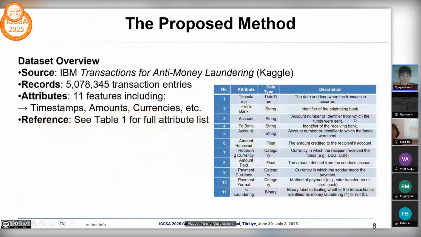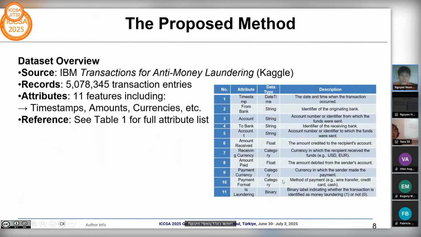For the dataset overview, we have the IBM transactions dataset for anti-money laundering from Kaggle, more than 5 million transaction entries, with 11 attributes. You can see in the table, we have the table from other datasets.